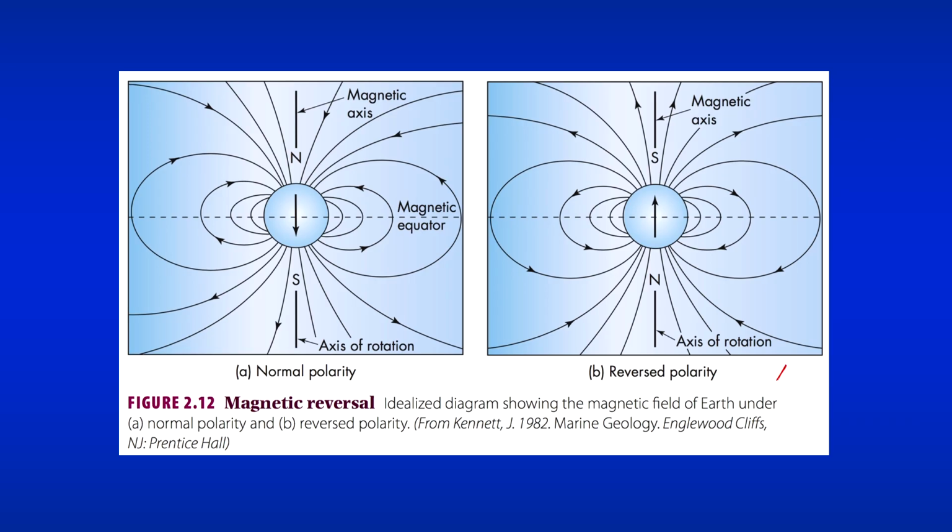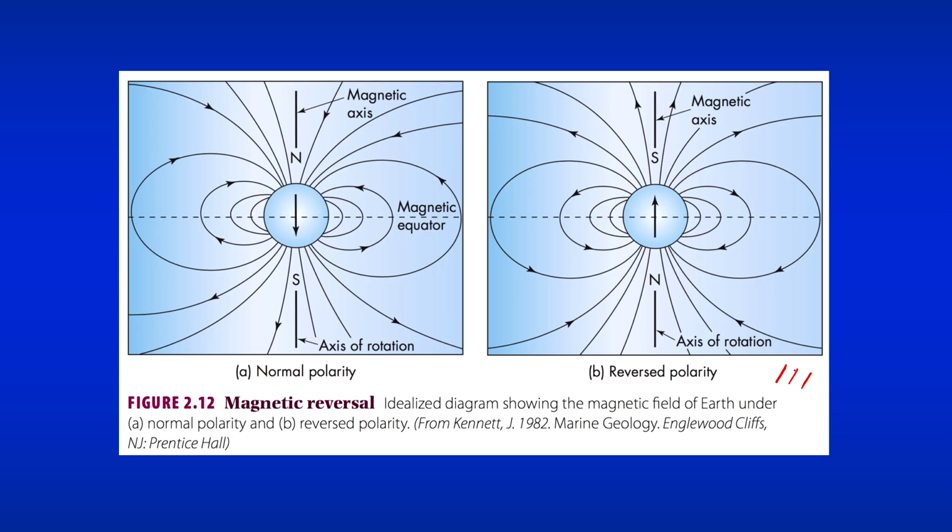Where you have the reversals of the magnetic field, with minerals oriented along the then existing magnetic field, that is what we call magnetic reversal.